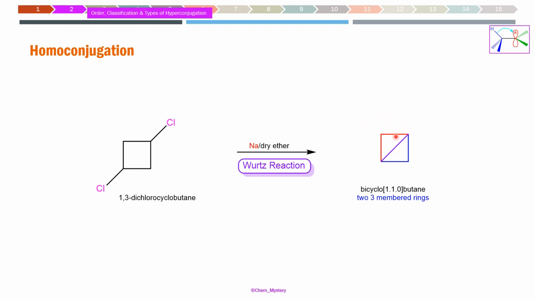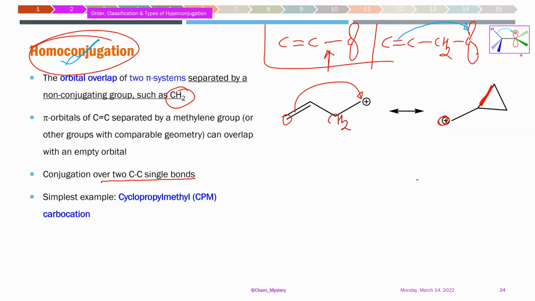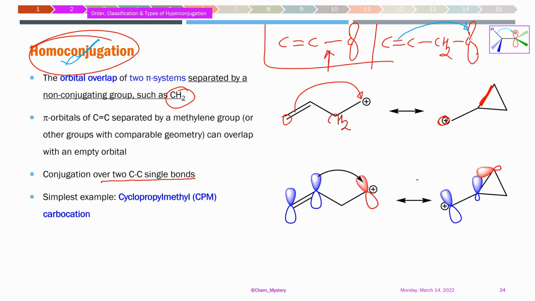There we have the reasoning that three-membered rings are kinetically favored. That is why it happens. So this can explain the other way around. In the cyclopropyl methyl carbocation, this positive charge can be shared across these different bonds.